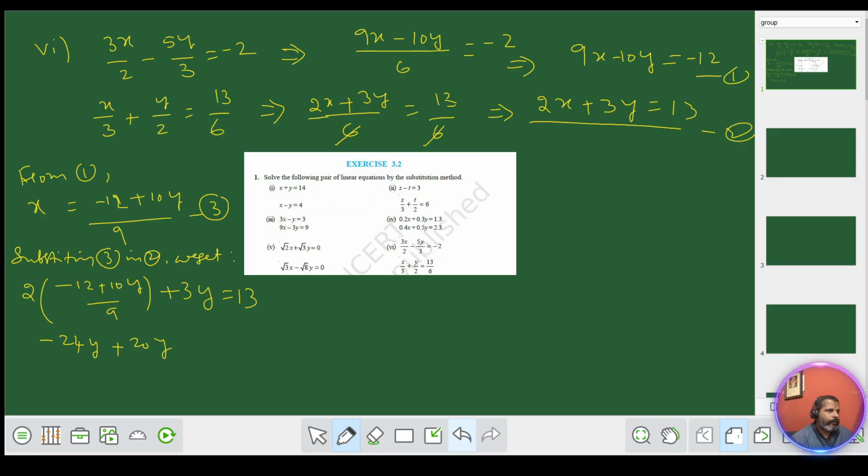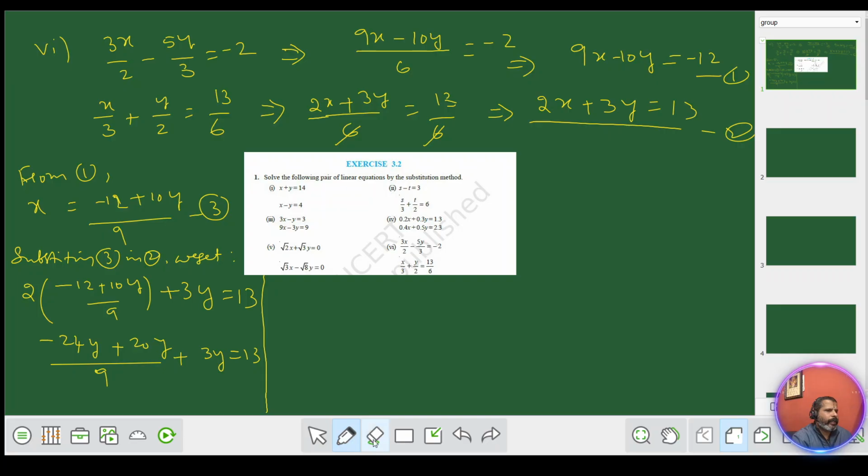By 9 plus 3y equal to 13. So you take LCM in the left hand side. So 9 is the LCM. Okay, before that we'll simplify and then take LCM.